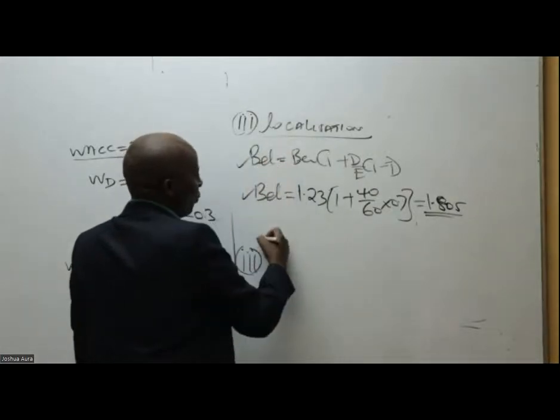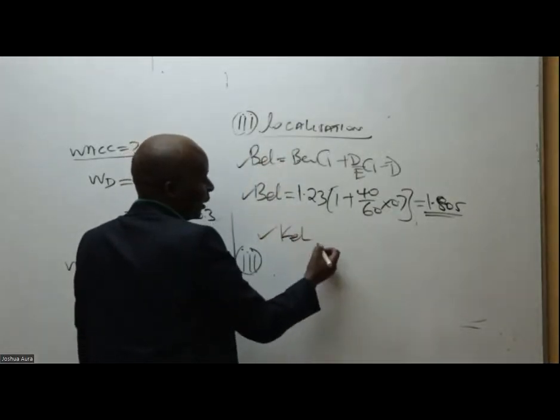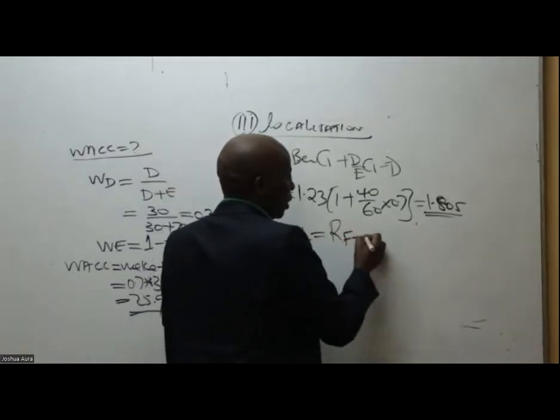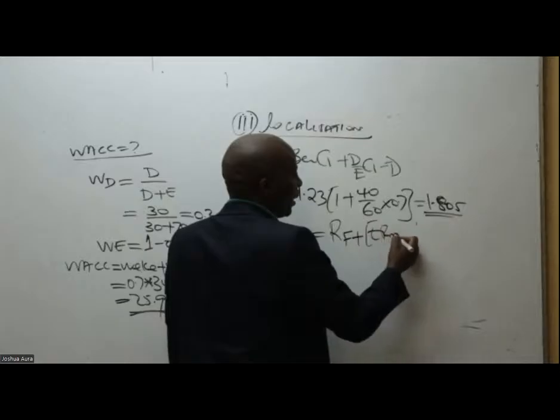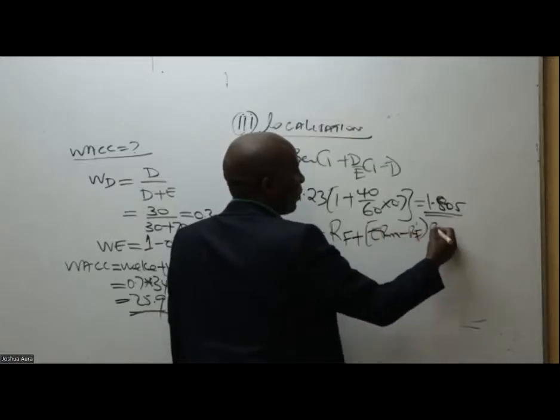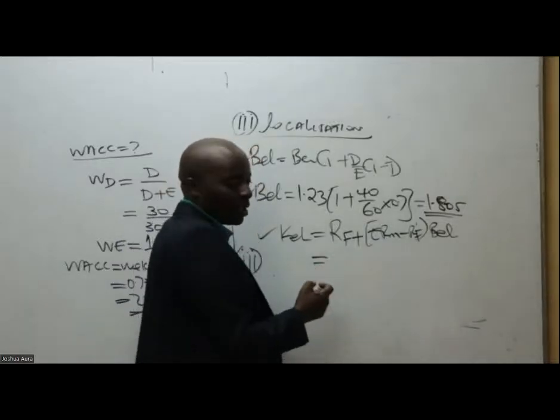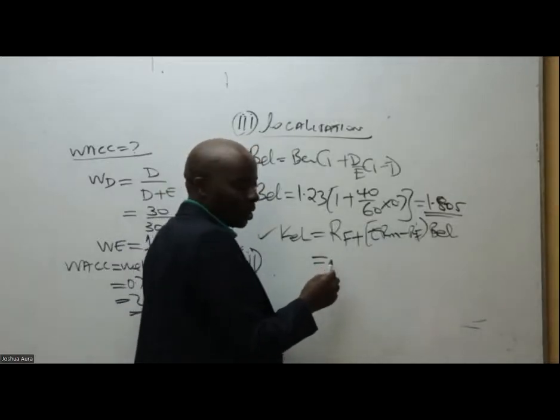The next thing is the CAL for the organization. I'm using CAPM: risk-free plus returns of the market minus risk-free multiplied by the BEL of the organization. Risk-free is what percentage?